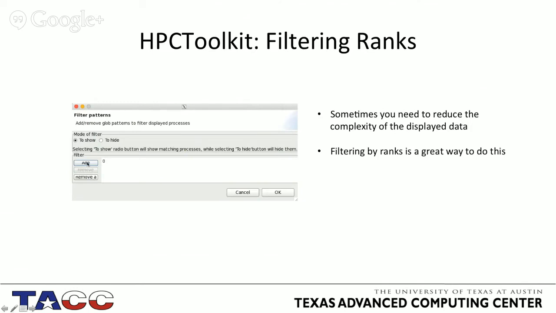And the filter that you can apply is just add rank number 0, add rank 27, and then your display will remove all other ranks and just show you those two. So it's very simple to use, but at the same time, you can collect any hardware counter information that is available in the system. So it's very useful.